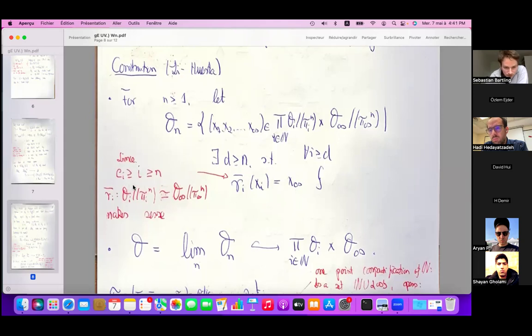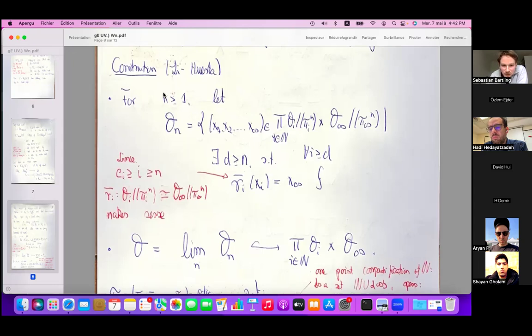Here we need that the ramification index grows to infinity, because I want to vary the d, so the d can be very big, and the n should also grow. But this gamma_i bar is only defined when e_i is greater or equal than n.